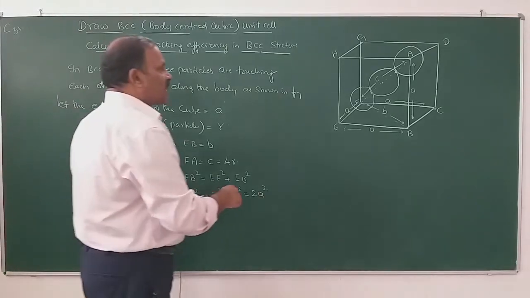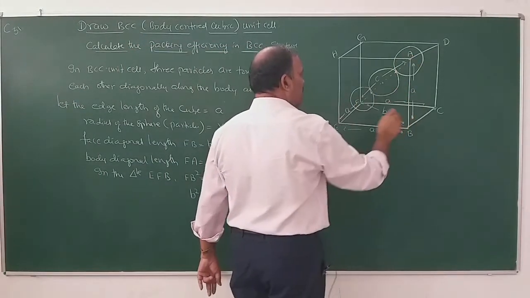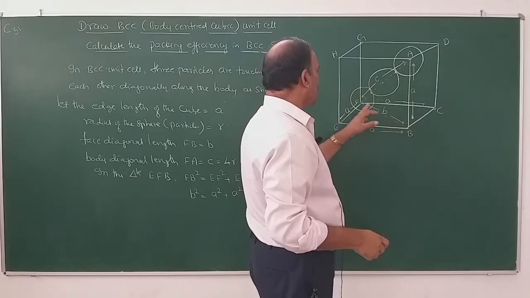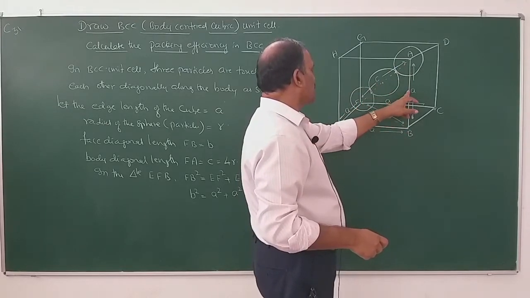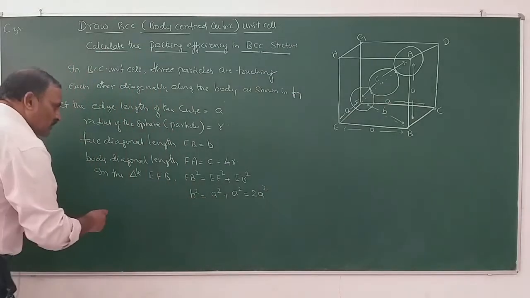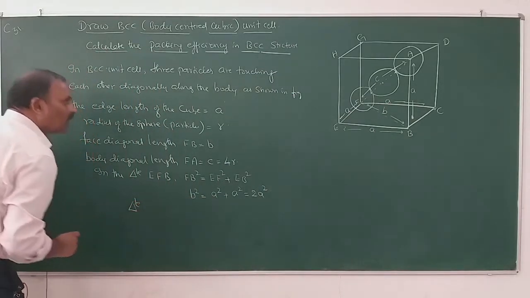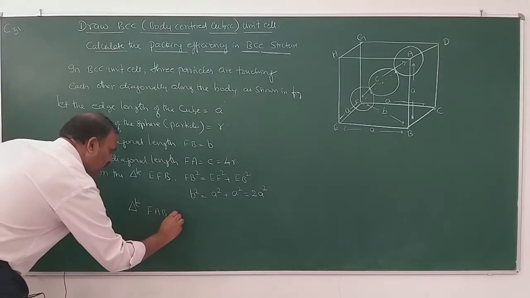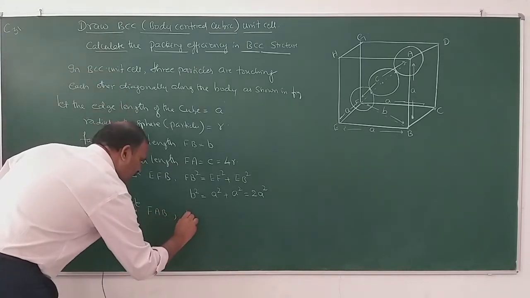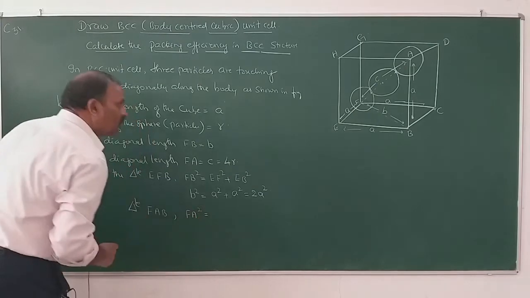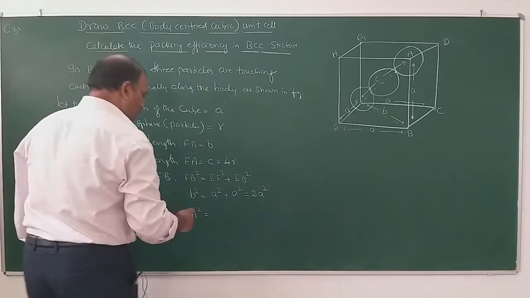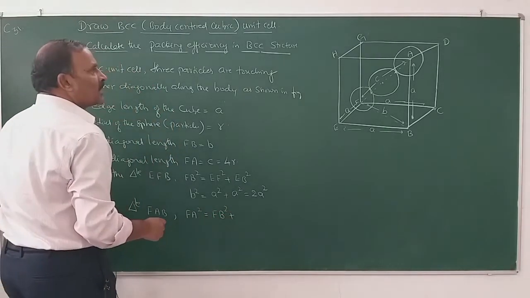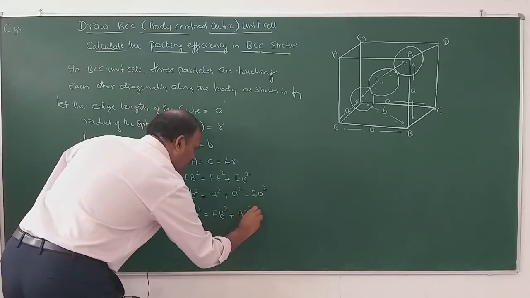Now in the triangle FAB, FA square is equal to FB square plus AB square.